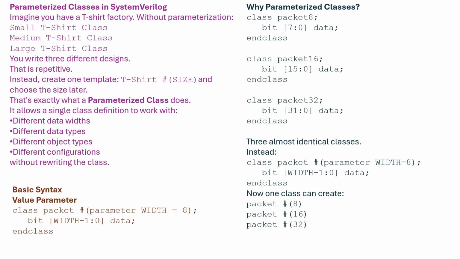Suppose you want to operate with 8-bit, you need to create the 8-bit class, and for 16-bit, you need to create the 16-bit class. That means every time you need to create a new class. While using parameterized classes, I can override it. The same class is there, but in my TB, while creating the handle, you change the bit width of your class. Then the class will operate.